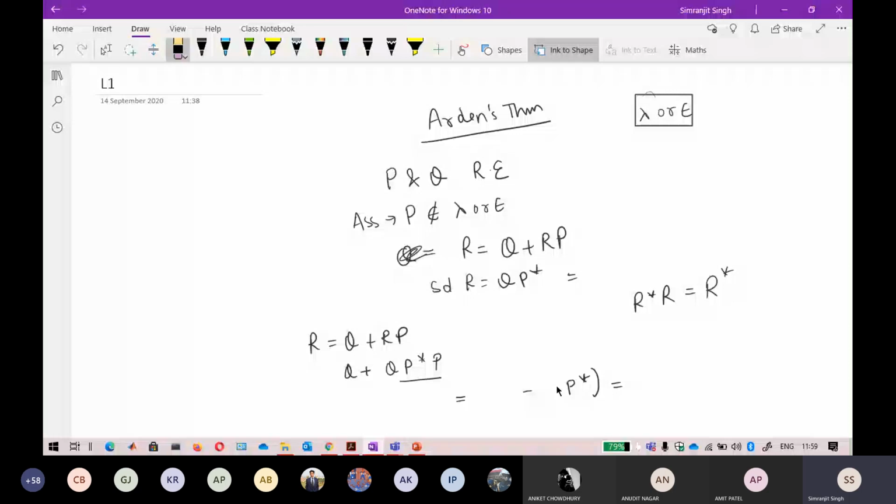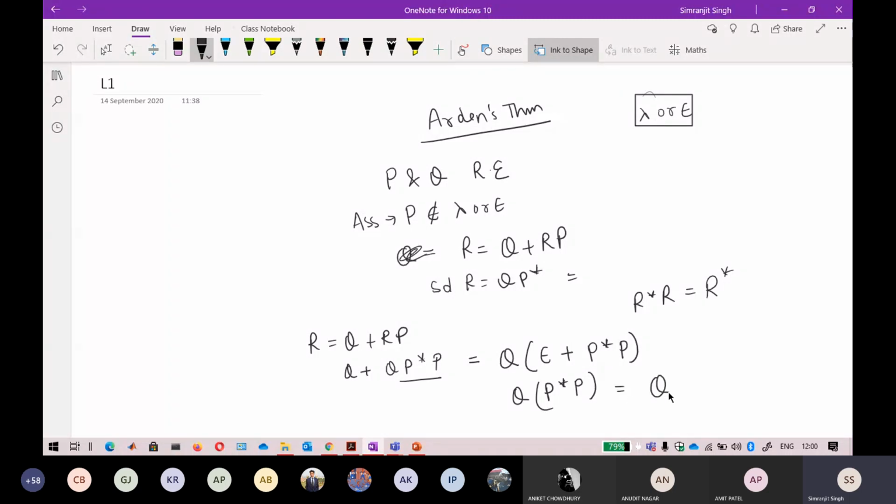Okay, now I can directly extract out the Q here, so it can be written as epsilon plus P star P. If you remember, epsilon added to any regular expression like P star P doesn't make any difference, from the regular identities.